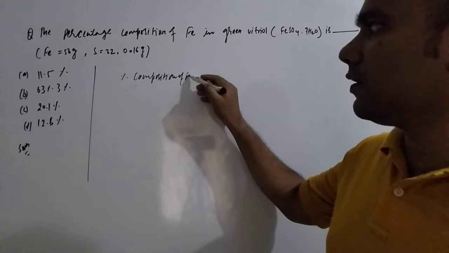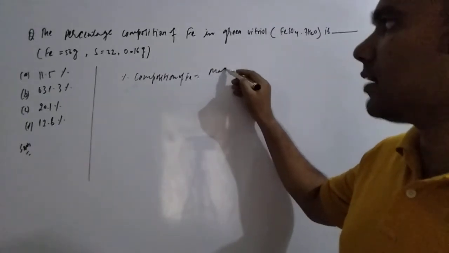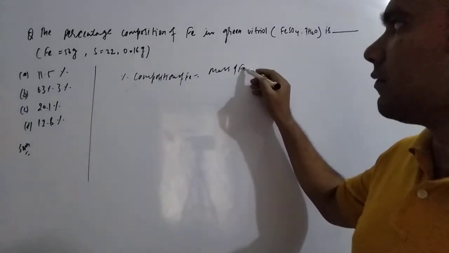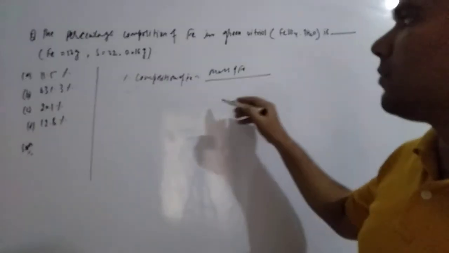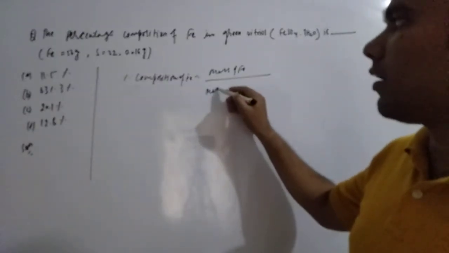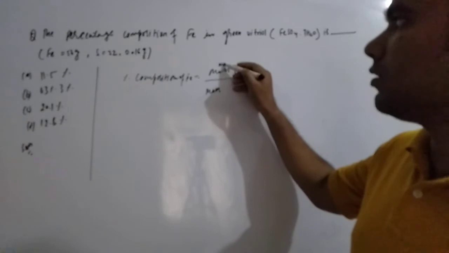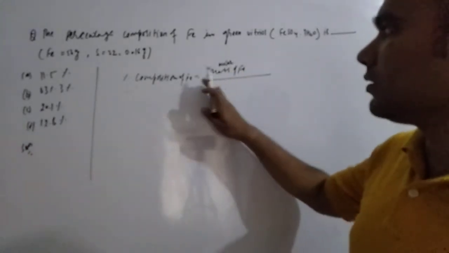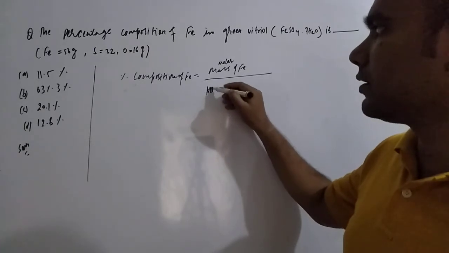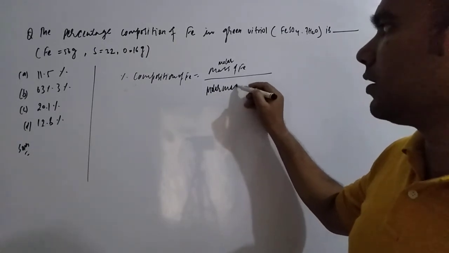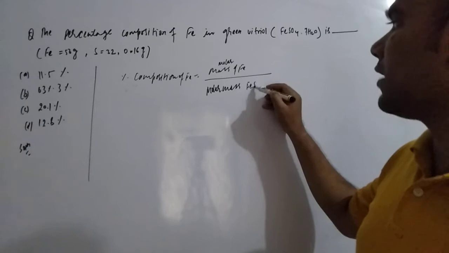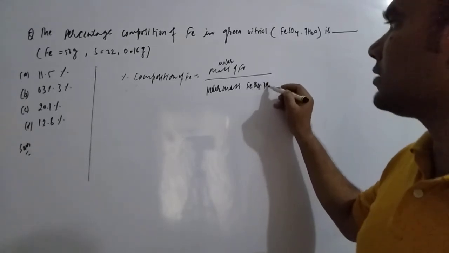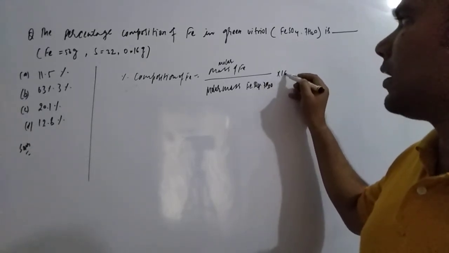So that is Fe is equal to the mass of Fe divided by the molar mass of green vitriol, FeSO4.7H2O, multiplied by 100.